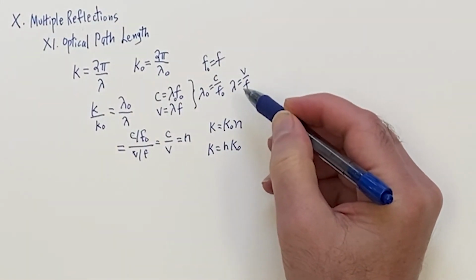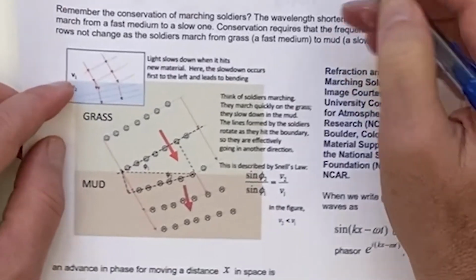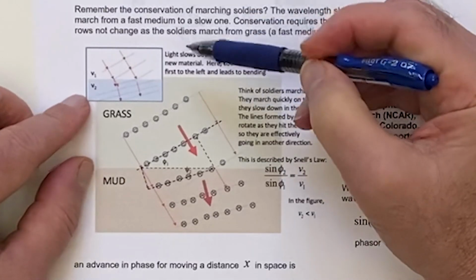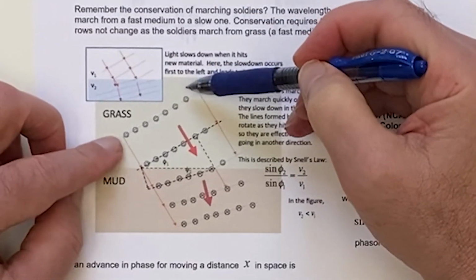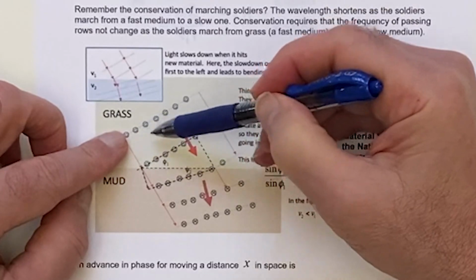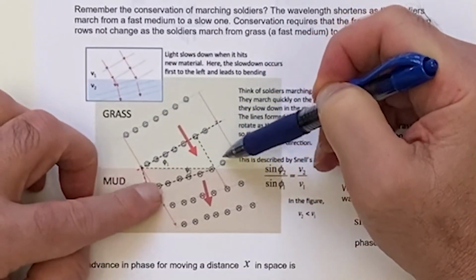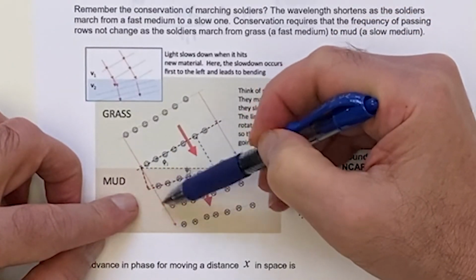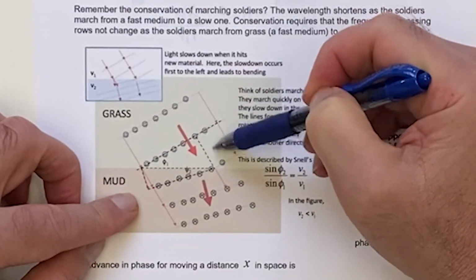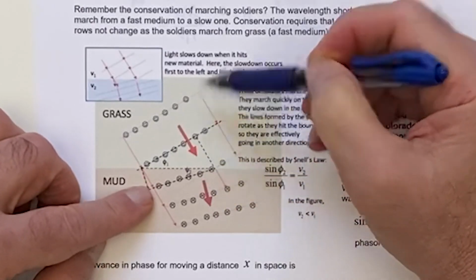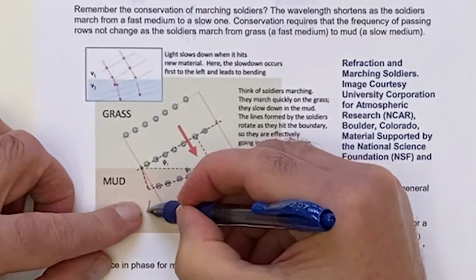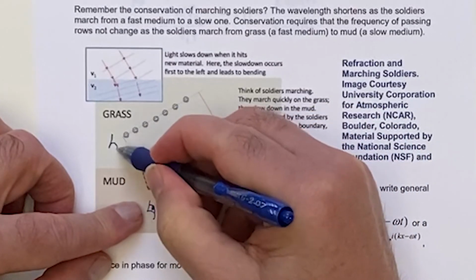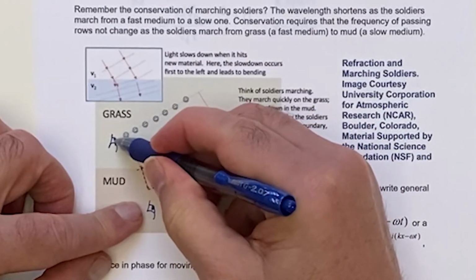Just a reminder on the frequencies being the same, if you remember the earlier chapter when we looked at refraction and had marching soldiers going from grass into mud. They turn because they start to go slower, and swing around a little bit like a car swerving in the mud. But the main thing is that if you watch the rows go by, you have to conserve the people.